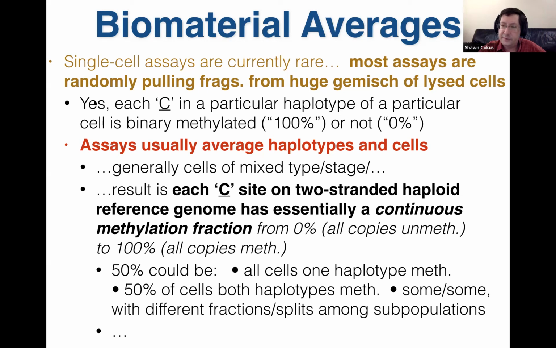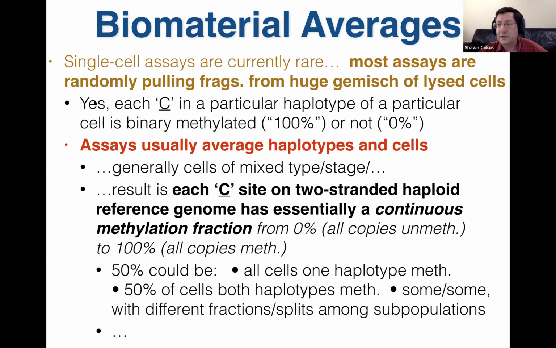If you measure a 50% level of methylation, that could be all cells having one haplotype methylated and the other not. Or 50% of cells have both haplotypes methylated and the other 50% have neither. Or some different fractions and splits among different subpopulations, you don't know. All you know is that the average across all the molecules in your sample, hopefully the assay sampled those more or less uniformly without bias, is 50%.